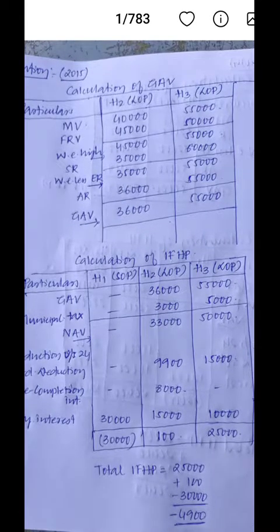The steps are: municipal value and FRV, municipal value and fair rental value. Compare both, whichever is high. Whichever is high is 45,000 and 55,000. Compare it with SR. SR is standard rent, so 35,000 and 60,000, right?